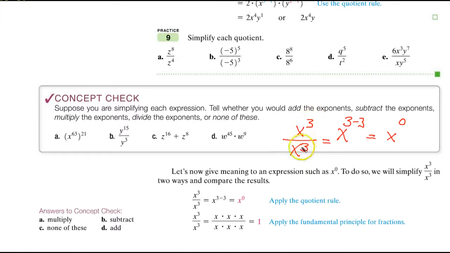Anything divided by itself, we said was what? 1. So here, this divided by this is 1. And if we use what we've done up here, we get x to the 0. What is anything to the 0 power? The answer is always going to be 1. Anything to the 0 power is 1.